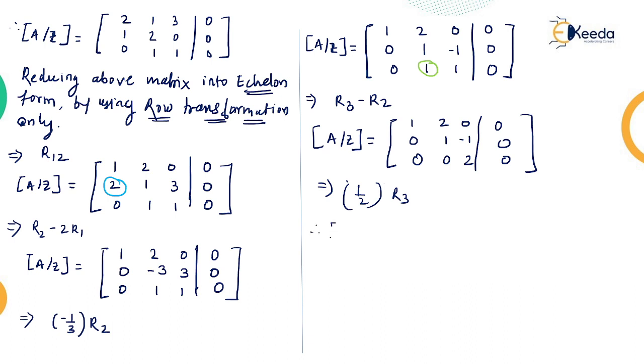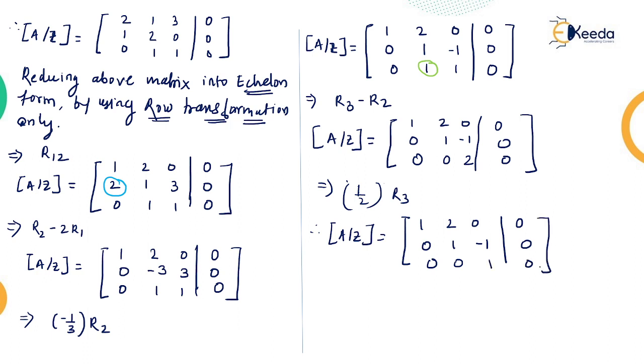So the augmented matrix AZ becomes 1 2 0 as it is, then 0 1 minus 1 and 0, and 0 0 2 by 2, which gives 1, and 0 by 2 gives 0.